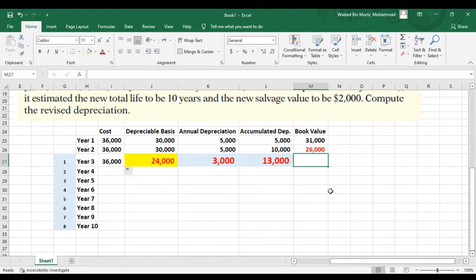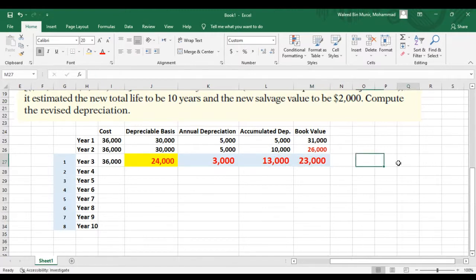So now our book value will be. Is it clear now?